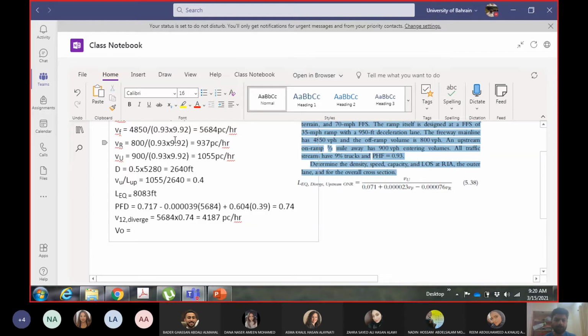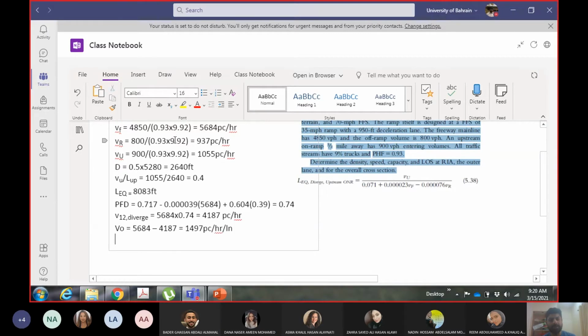If this is 4187 and that one was 5684, so 5684 minus 4187. How much is it? 1497. So we pass this check. Obviously it is one lane, so per lane.